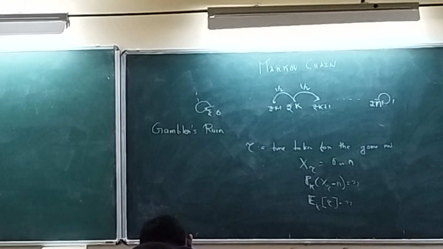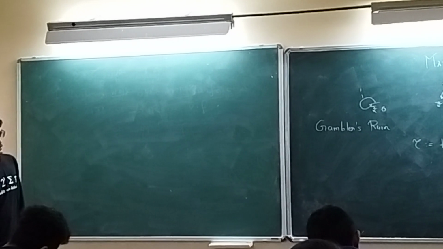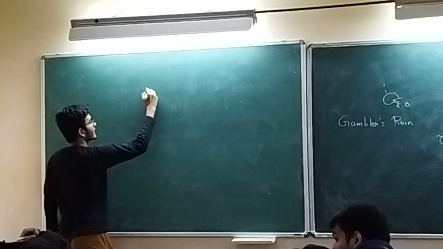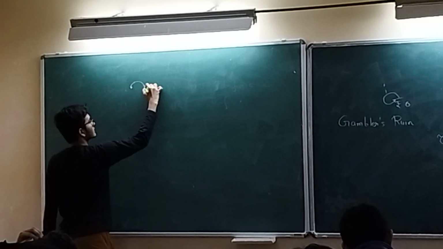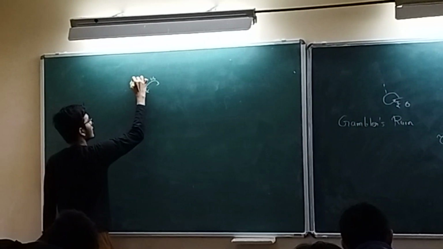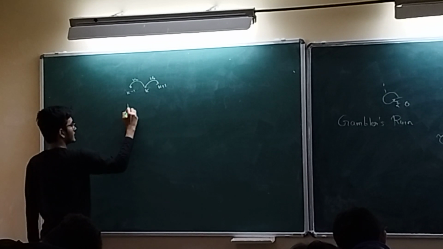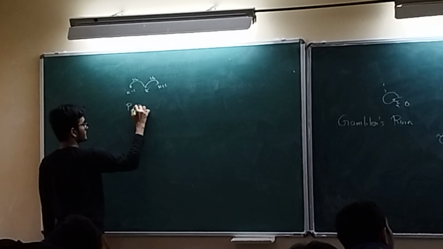So what I will do here is I will try to set up a recursion. So you are at k and you are moving up. Now let us define this.